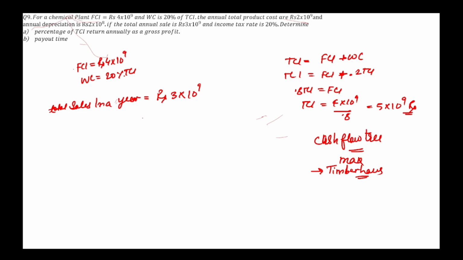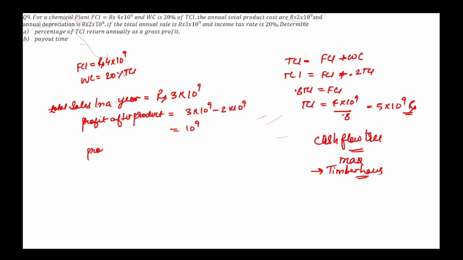Okay, so the very first thing we will see is how much gross profit is coming. In a year we are getting this much of sales. So profit after product cost will be 3 into 10 to the power 9 minus 2 into 10 to the power 9. So that is 10 to the power 9.